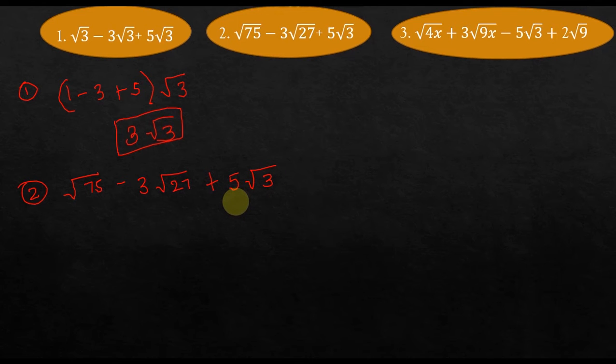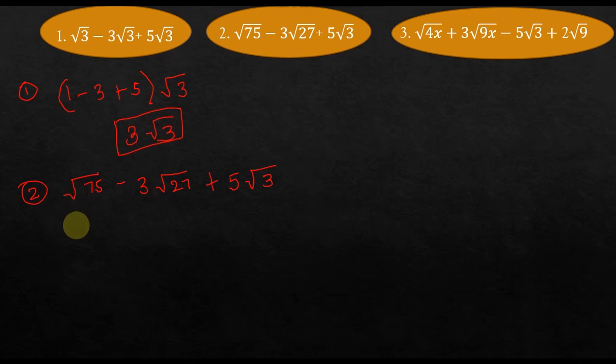At first glance, we won't be able to see a similar radical here since the radicand here is 75, here the radicand is 27, and the radicand here is 3. Looking at these 3 radicals, 3 is the smallest radicand. So maybe we can use this idea to get the factor of the other 2 radicals and see if they have a perfect square factor.